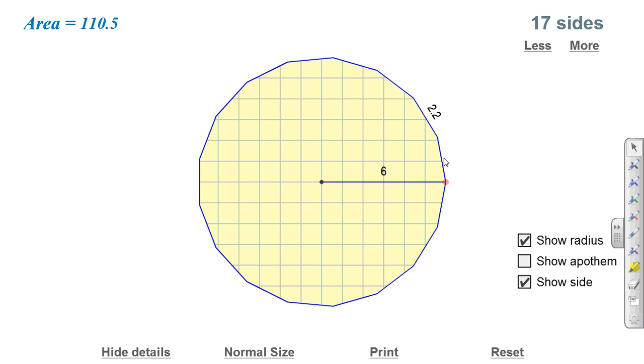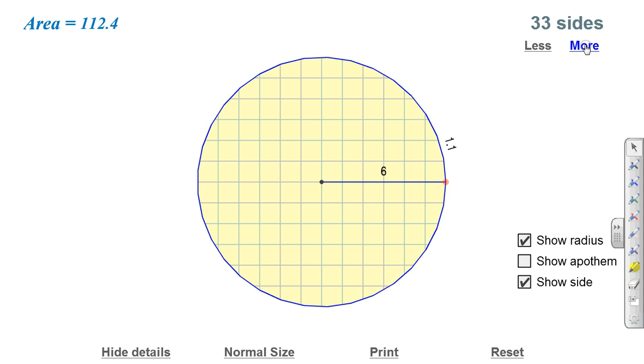You see the radius still not changing. Side length getting smaller all the time. Even now we're at 20 sides, and it's even more evident that we're really rounding off. We still have edges here, but they're getting shorter and shorter. So if I keep going, there's 30, 40, 50. Well, now we saw these sides, and it's looking like 0.8.